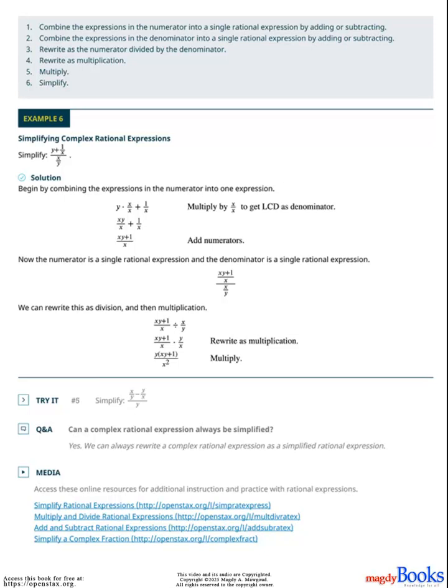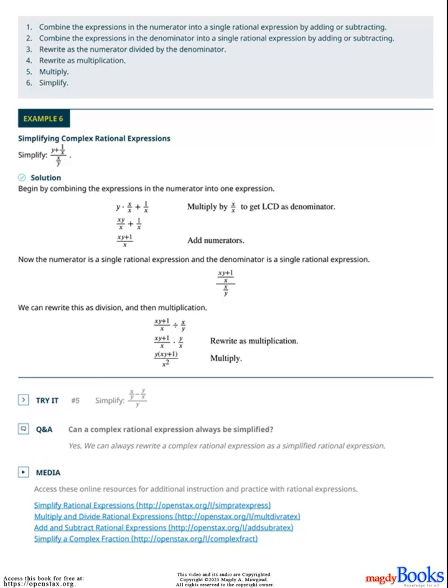Example 6. Simplifying complex rational expressions. Simplify. y plus 1 over x, divided by x over y. Solution. Begin by combining the expressions in the numerator into one expression. y times x over x plus 1 over x.